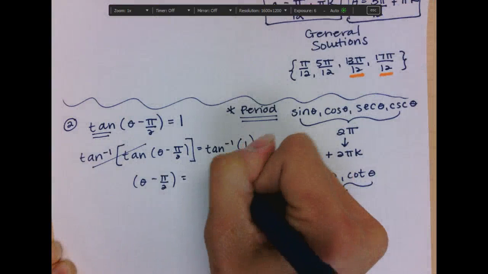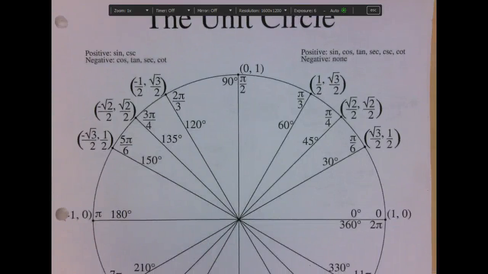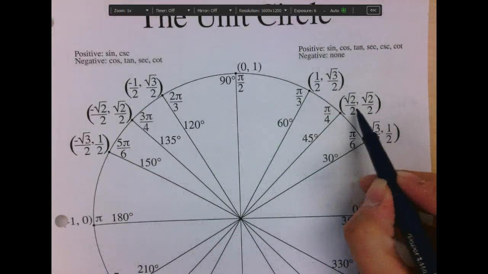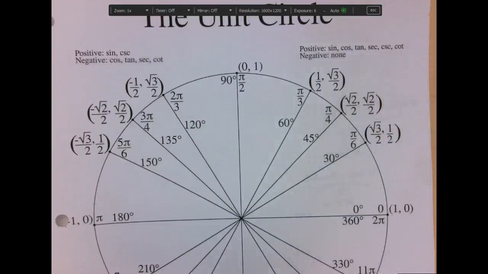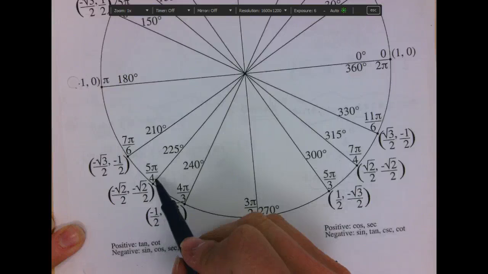equals, now let's use our unit circle to figure out what it equals. Where on the unit circle is the tangent equal to positive 1? Well, that's going to happen here at pi over 4. So when I divide sine and cosine, I'll get 1. And it's going to happen again down here at 5 pi over 4.